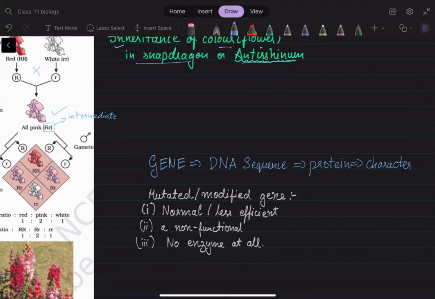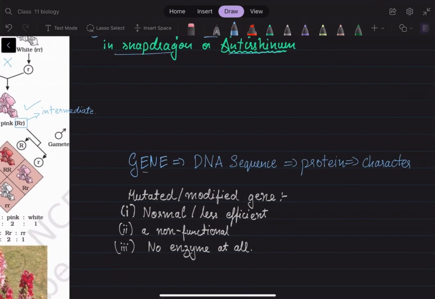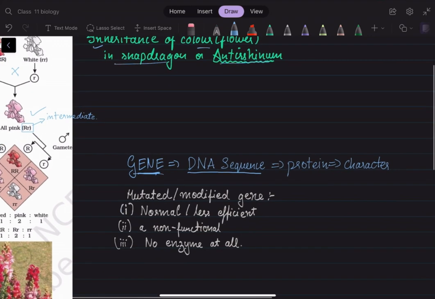So first, what exactly is a gene? We know that an allele is basically a form of a gene. A gene is nothing but a DNA sequence that codes for a protein, and this protein somehow contributes to the character. Suppose we have a protein which codes for melanin. The more protein is produced, the more melanin, and the darker our skin.